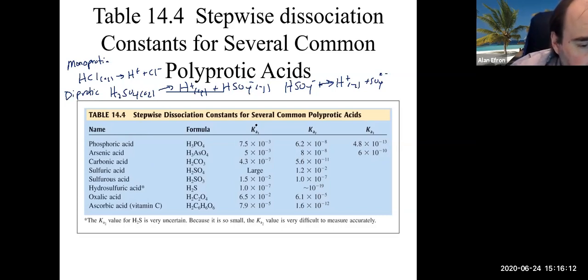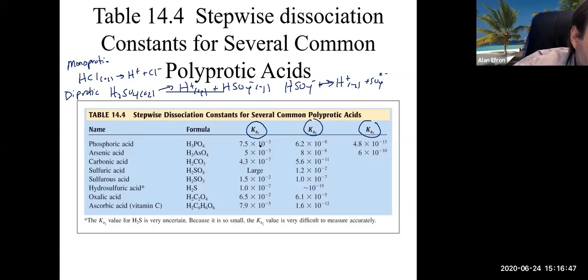For each of the H's to come off, there is a K value associated with it. That's what we see here. Ka1 is the first H that comes off, Ka2 would be the second H, and Ka3 would be the third H that would come off. As we might have mentioned earlier, it is much harder to remove the second H than the first one, and if you get to the third H, it's much harder to remove than the second H. We see that reflected in our K values.